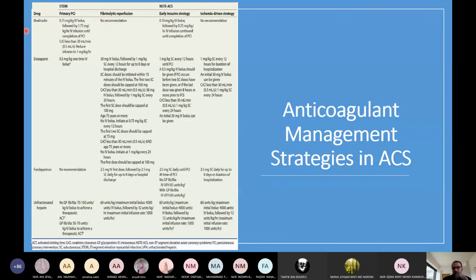You can see bivalirudin is not recommended in fibrinolytic reperfusion in the STEMI, or the ischemic guided in the non-STEMI. For the other two, okay. Enoxaparin, okay, to be offered, but the risk of bleeding could be troublesome in some patients. Fondaparinux, no recommendation in the PCI. Could be an option in the others. Unfractionated heparin, option in all.